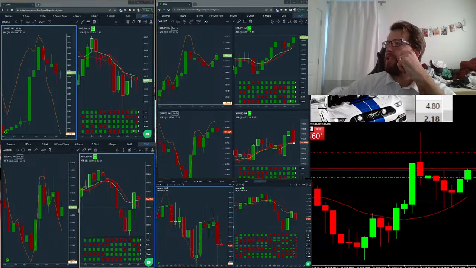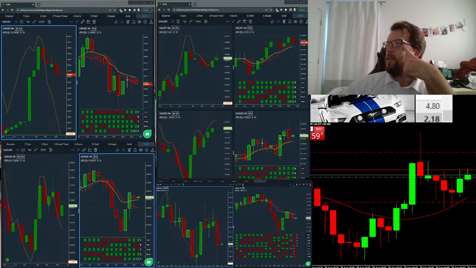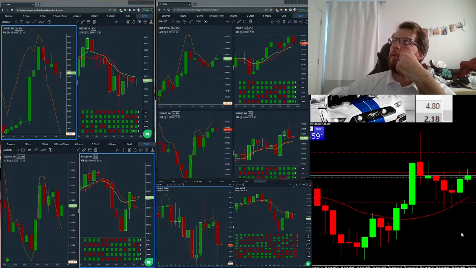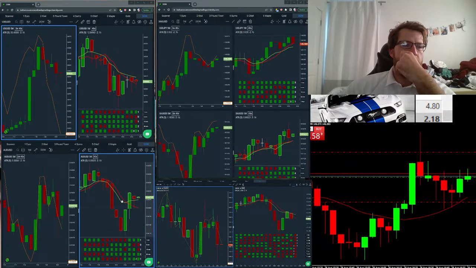Okay, we have the pressure touching on gold. So if we get a decent, pretty big movement up on gold, that could be a trade. Aussie, same thing, if we get a decent movement up there.